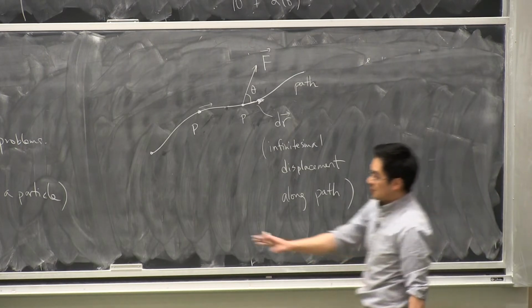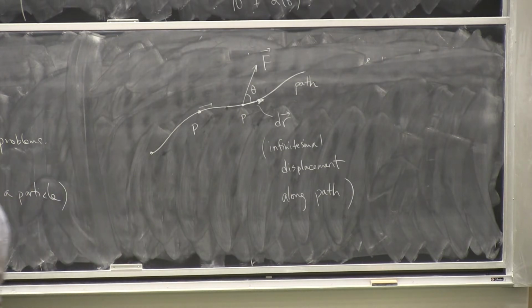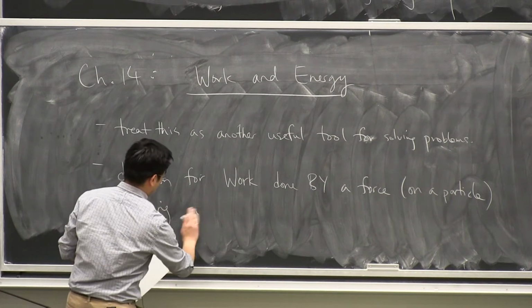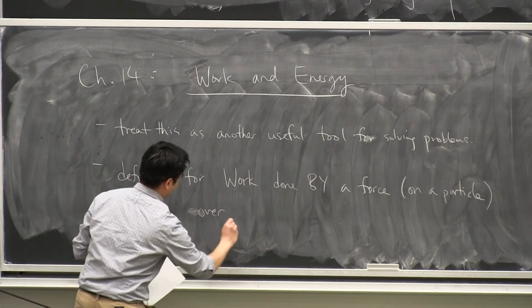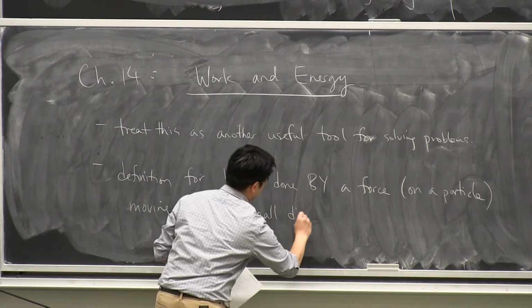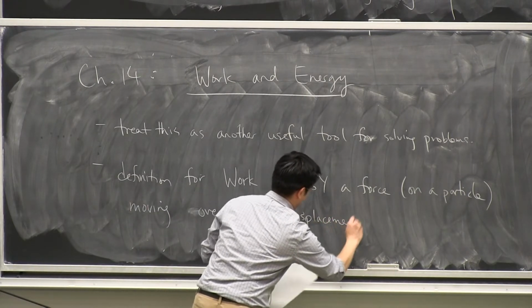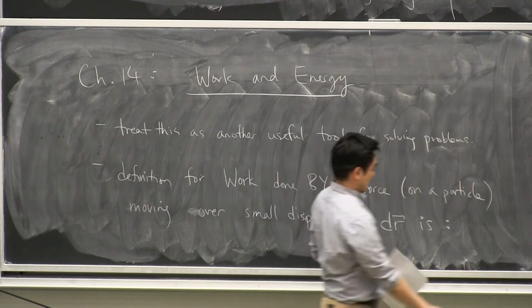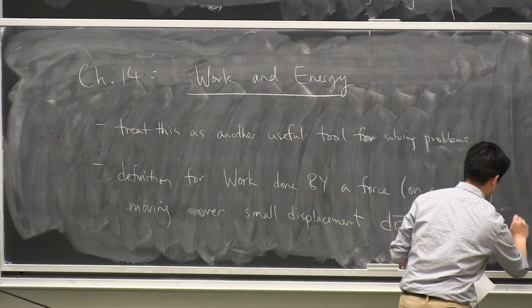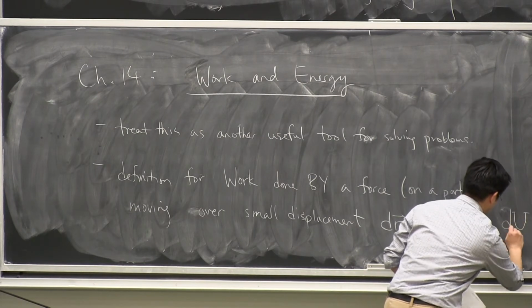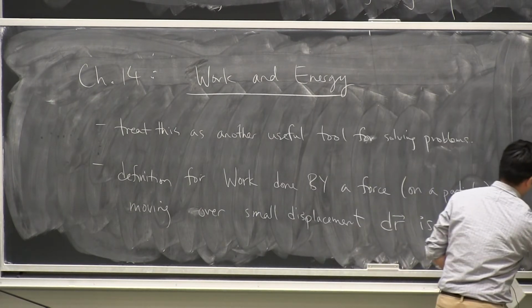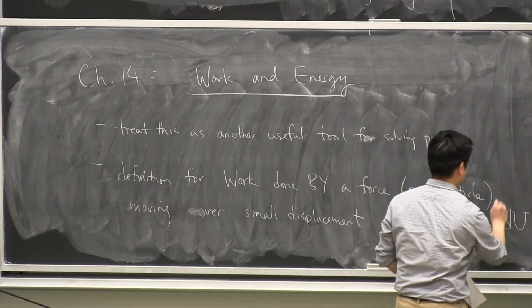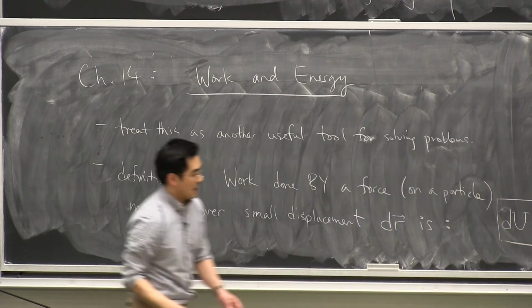Okay? And so the definition for work done by a force on a particle moving over small displacement dr is this, given by a capital letter U. Okay, in this case, it's a little dU equal to F dot product dr. Okay, so I'll start with that right there.